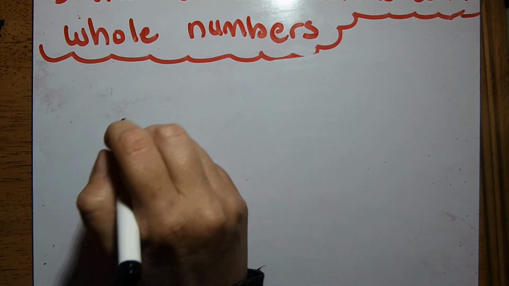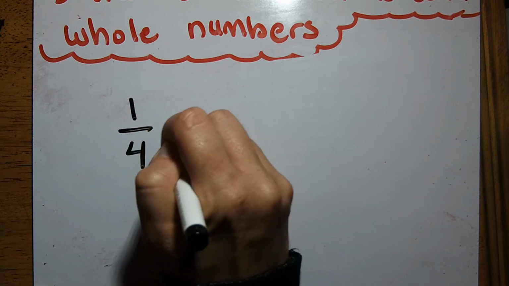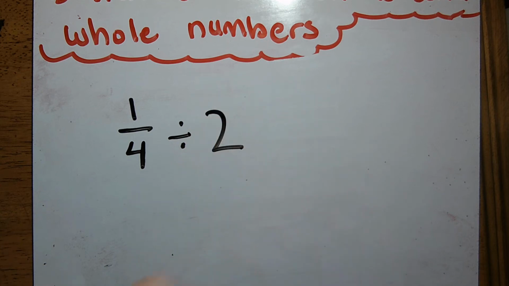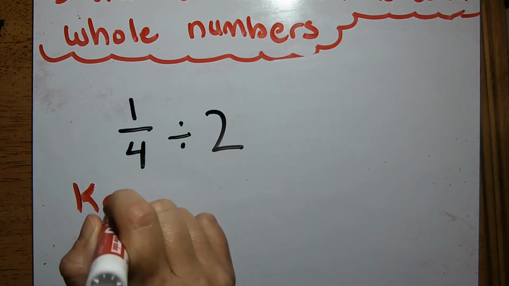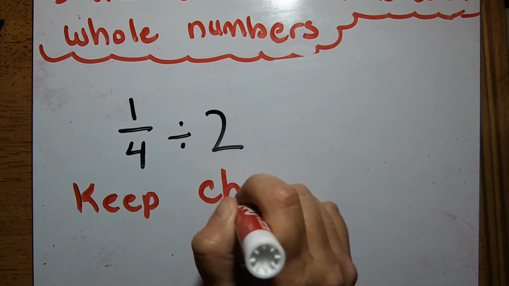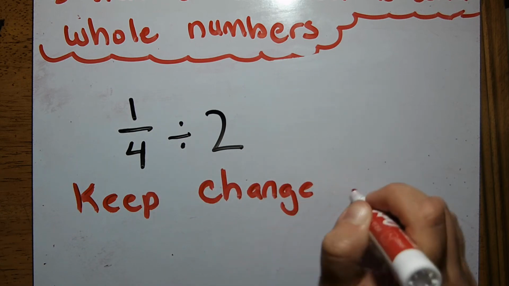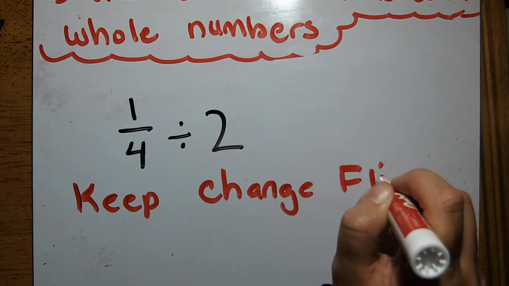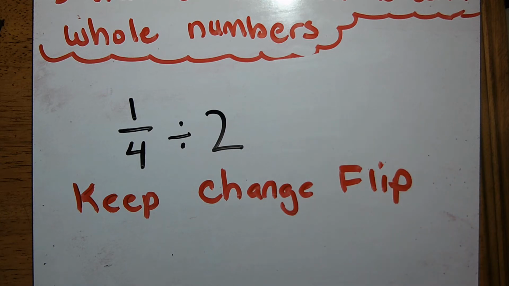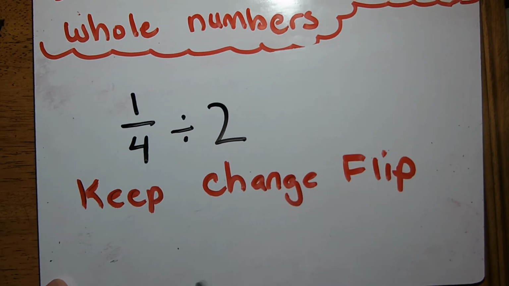Now we're going to do one more of those. Say I have 1/4 divided by 2. So we're going to use our keep, change, flip method. So I'm going to keep my 1/4.